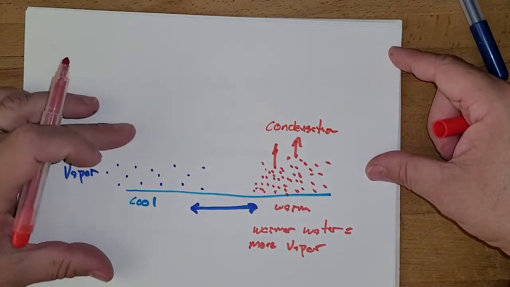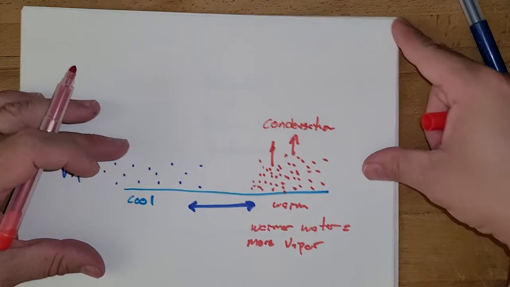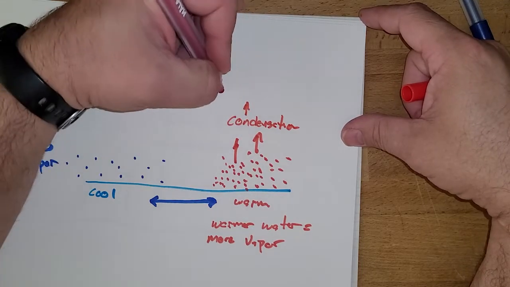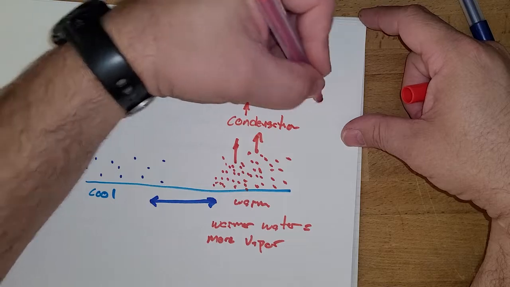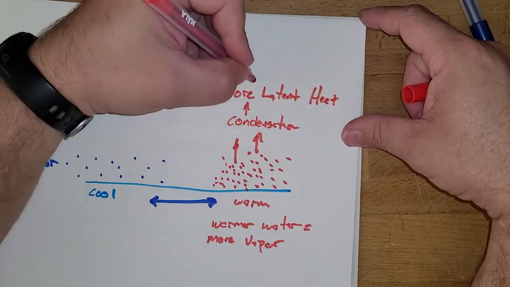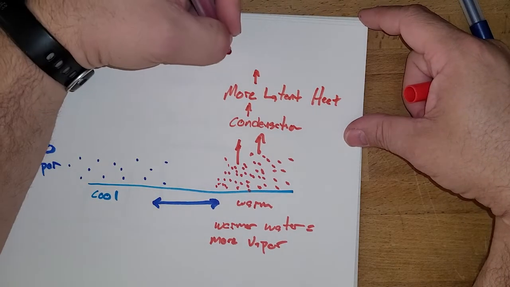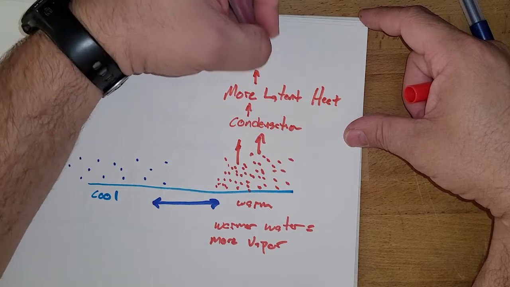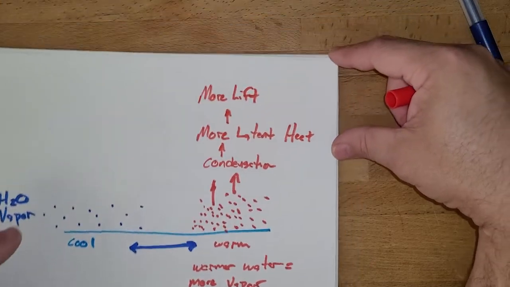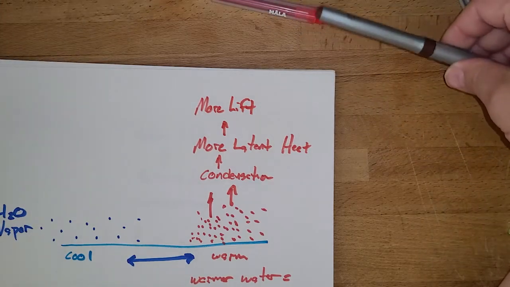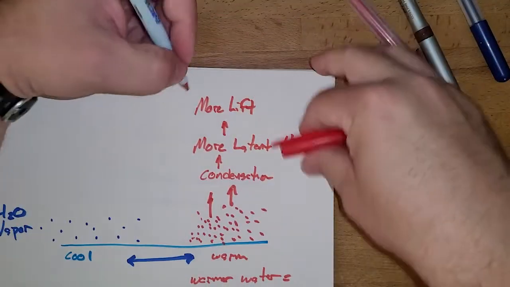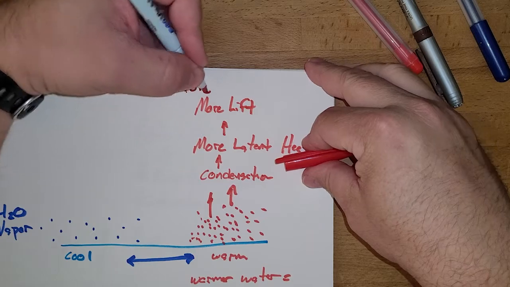Will we get condensation over here? We get a lifting, but we get more latent heat. And if we do that, then we're going to have more lift. If we get more lift, then we're going to see greater intensity, more intense storms.